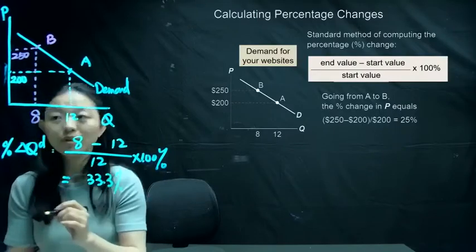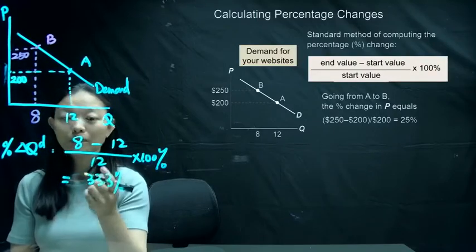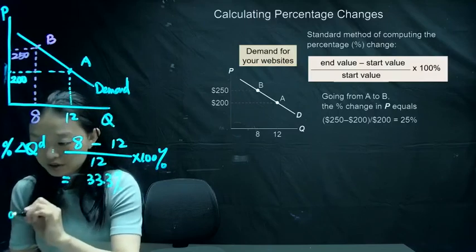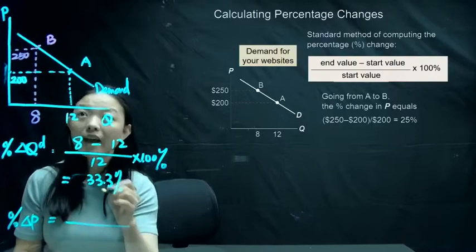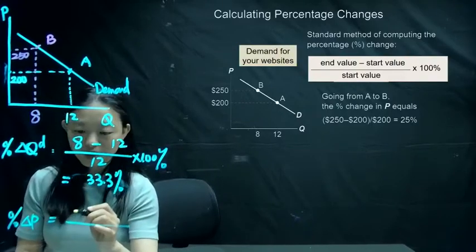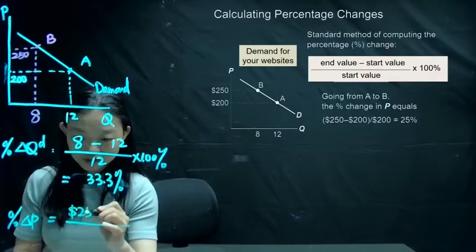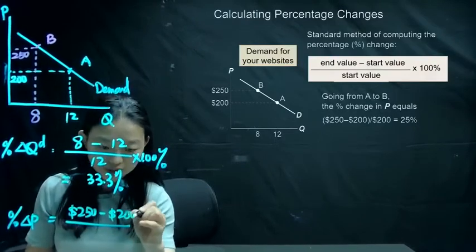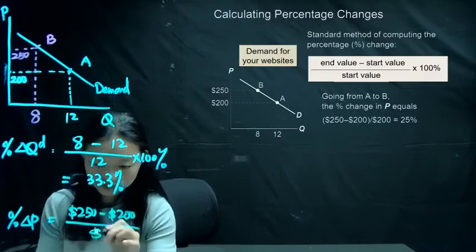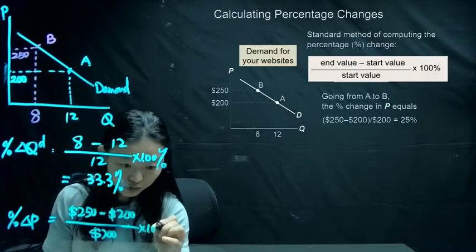And then how do you get a percentage change in price? The percentage change in price will equal the end value 250 subtract the start value 200 and then divide 200 times 100%.